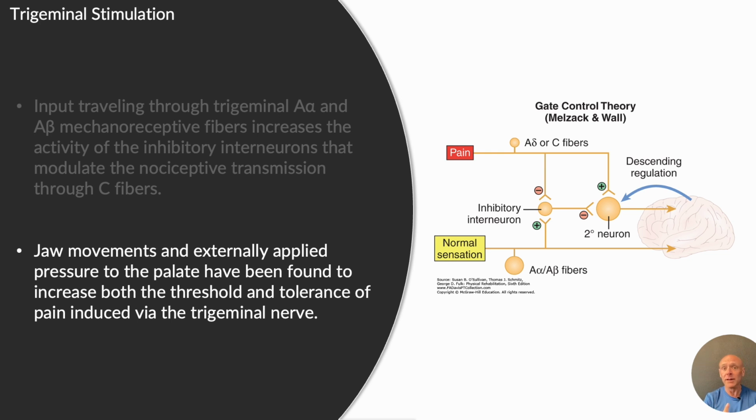But more importantly, every one of those sensations is also an opportunity for us to provide ongoing increases in normal sensation that should trigger inhibitory interneuronal activity that would over time help reduce pain.